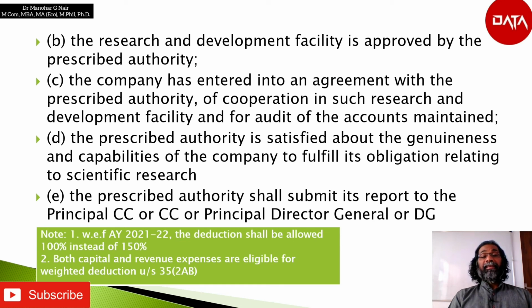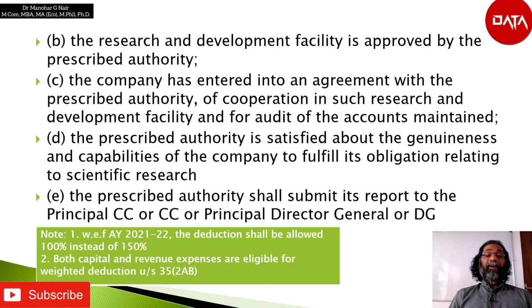The next point says the prescribed authority is satisfied about the genuineness and capabilities of the company to fulfill its obligation relating to scientific research. Next, the prescribed authority shall submit its report to the principal chief commissioner or chief commissioner or principal director general or director general.